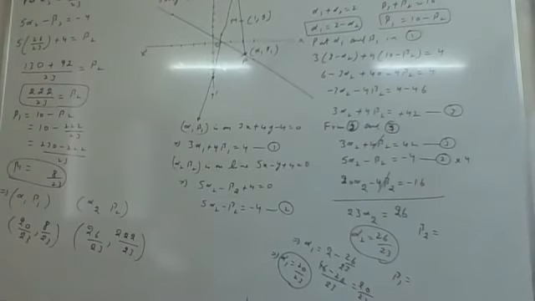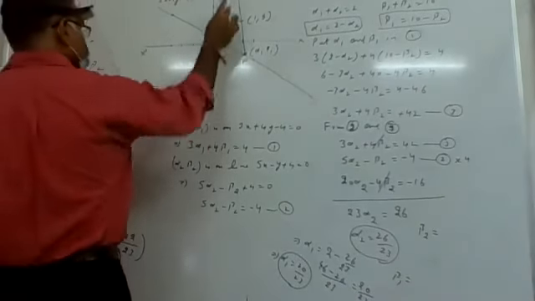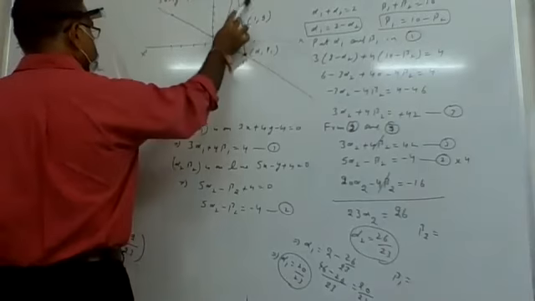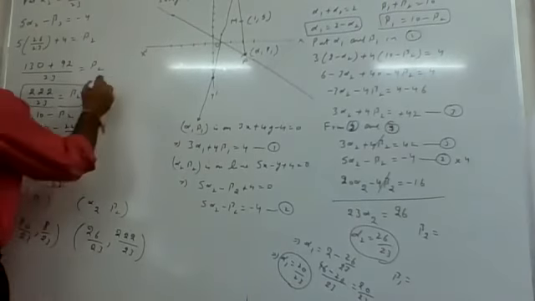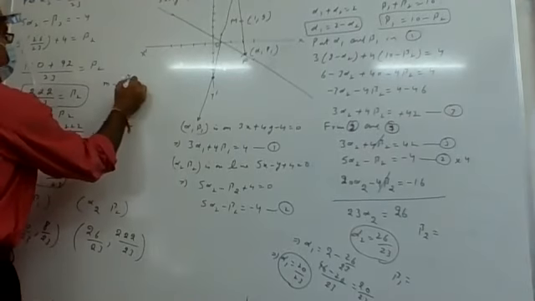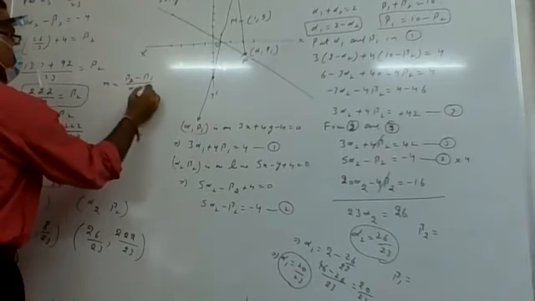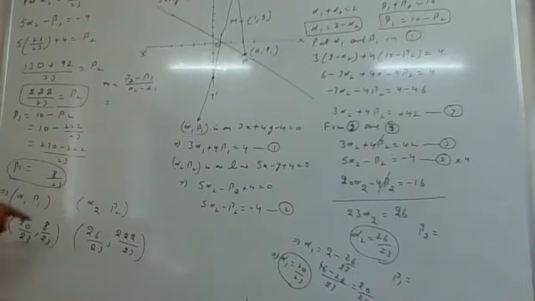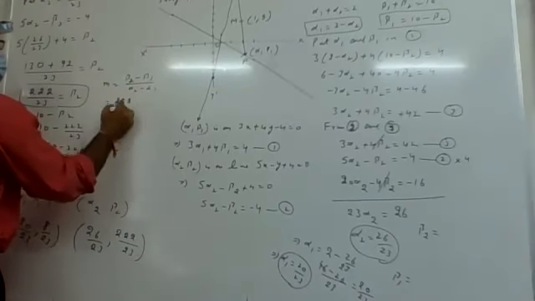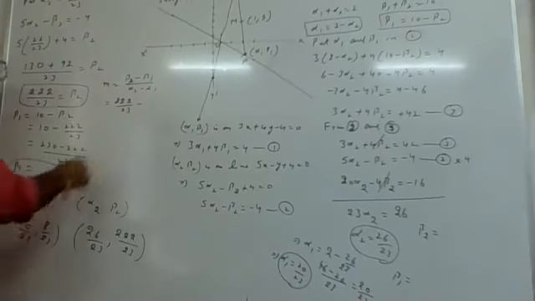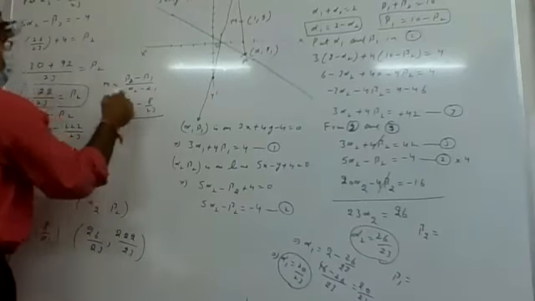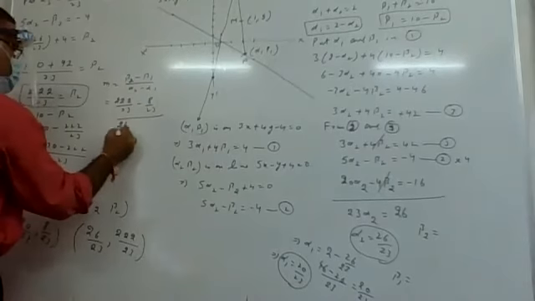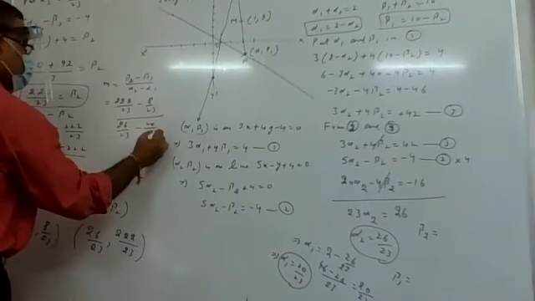Because I want to get the equation of PQ, I use the points I have calculated. So M is equal to beta 2 minus beta 1 over alpha 2 minus alpha 1. This is 2 upon 23 minus beta 1, which is 8 over 23, over alpha 2, 26 over 23, minus 20 over 23.